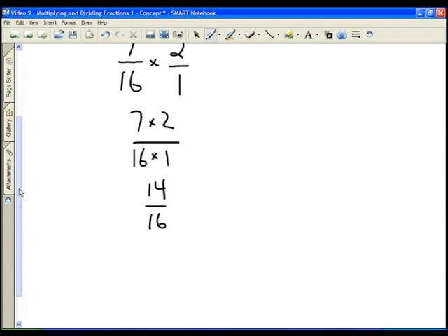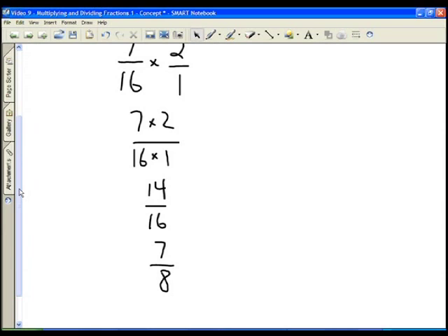And now we could reduce. We could reduce at this stage here, and we know that 2 goes into 14 and 2 goes into 16. So 14 divided by 2 is 7, and 16 divided by 2 is 8.